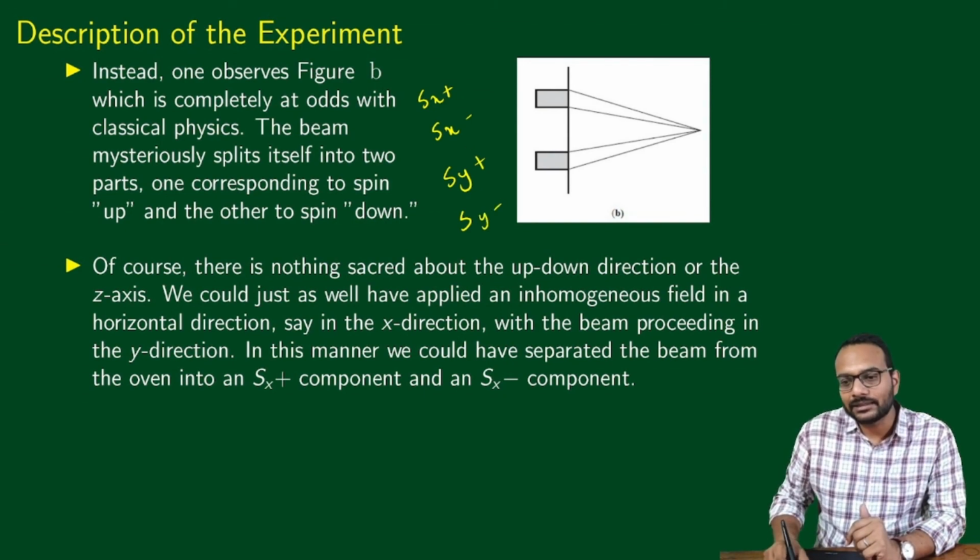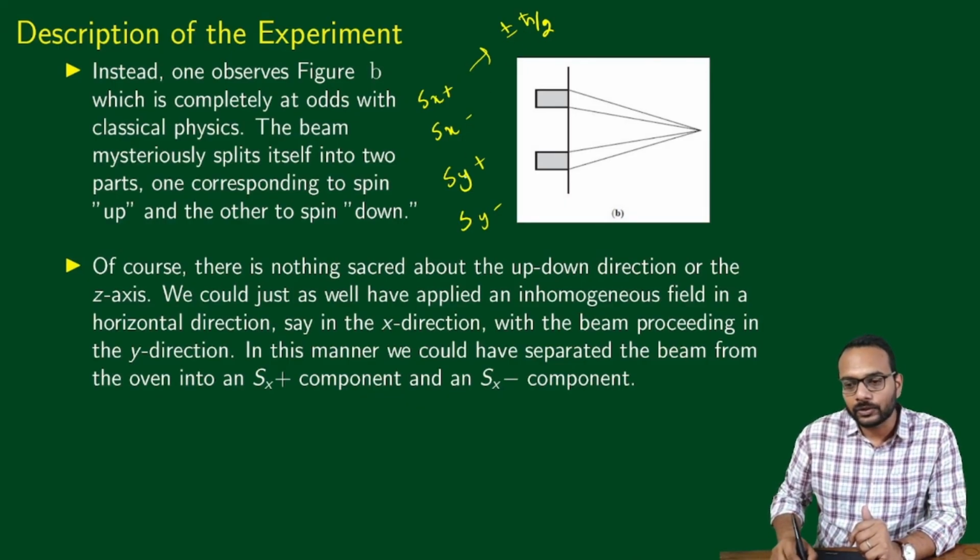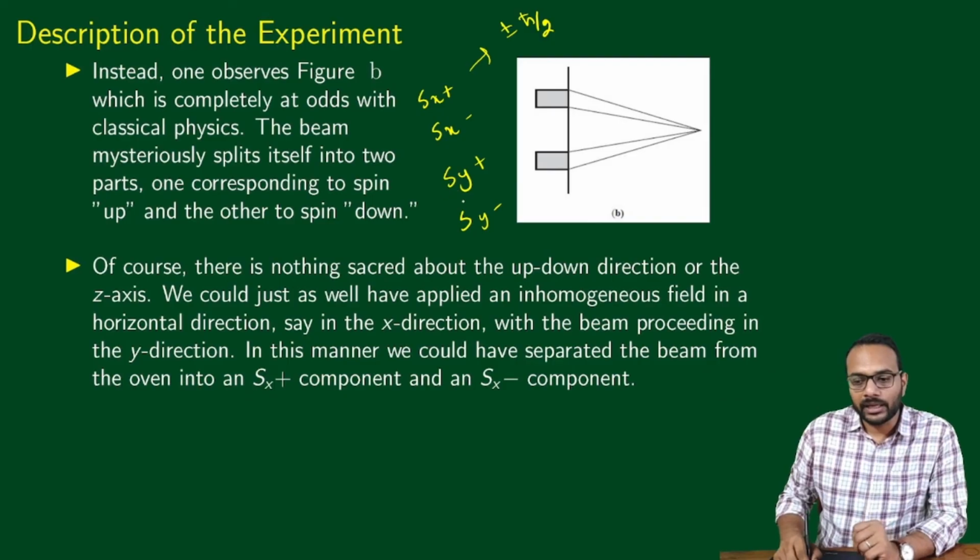And in all these cases, you will see that the values are plus or minus h cross by 2. Sx plus is h cross by 2 and Sx minus is minus h cross by 2. Similarly, Sy plus will be plus h cross by 2, Sy minus would be minus h cross divided by 2.